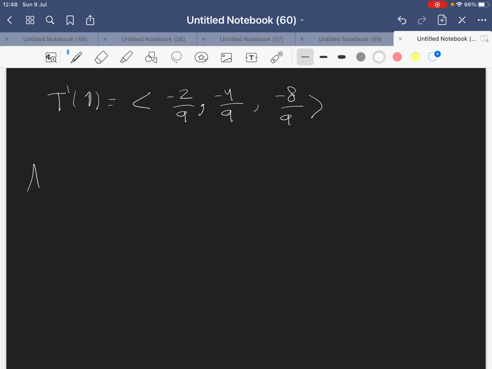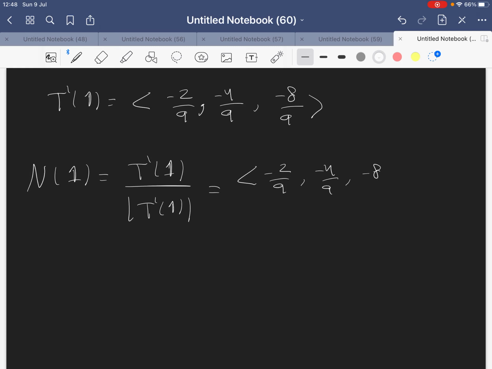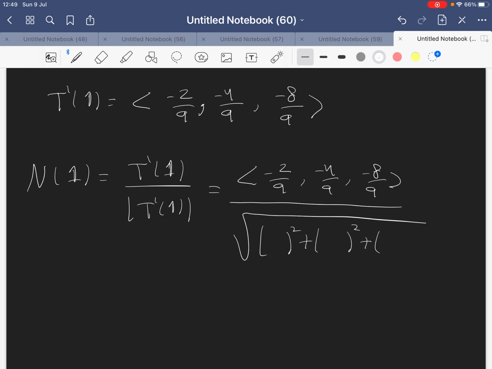And once we have the derivative, we can now find the normal vector at 1. It is the T capital prime at 1, over the same one, but we just need to find the norm. Over, we take a big square root, and we write each component here. So negative 2 over 9, negative 4 over 9, negative 8 over 9.